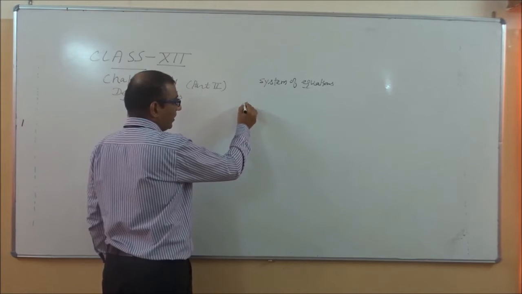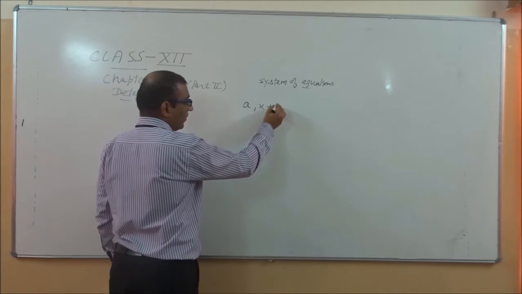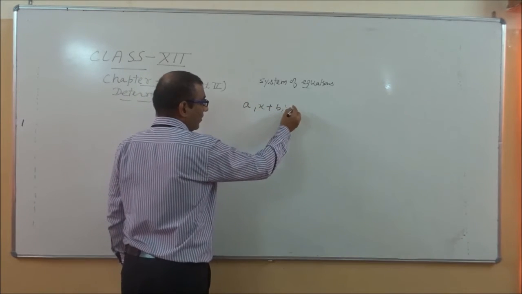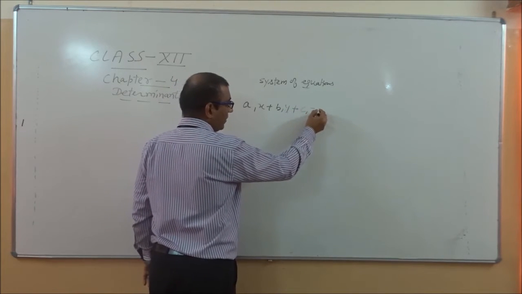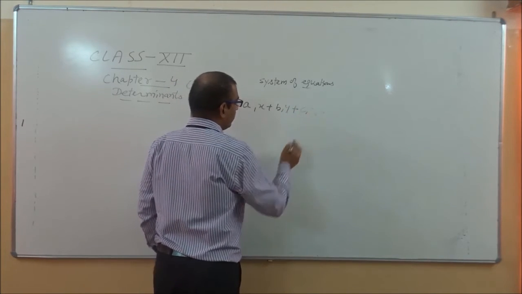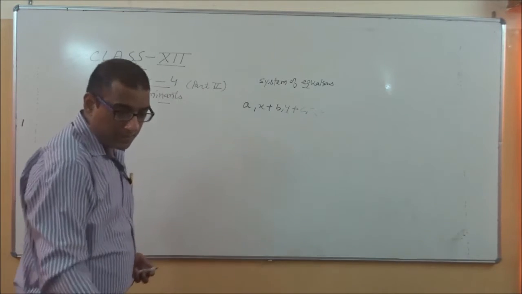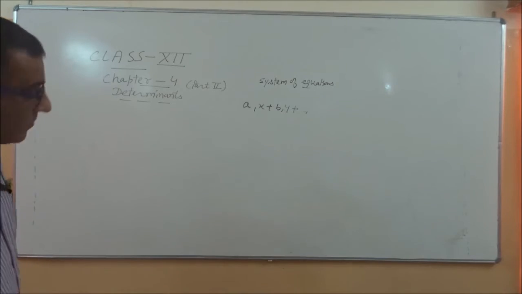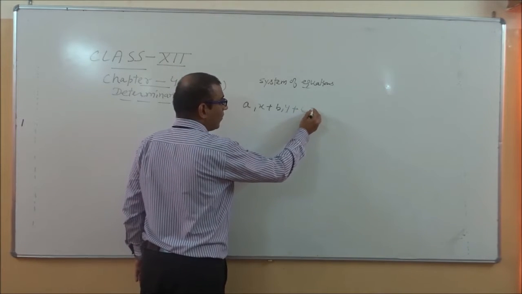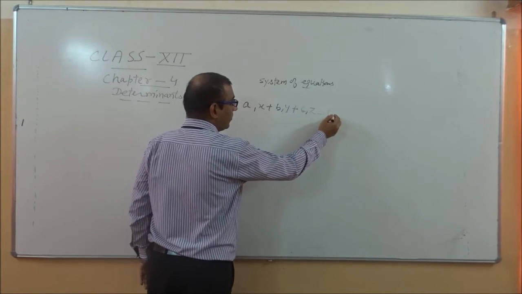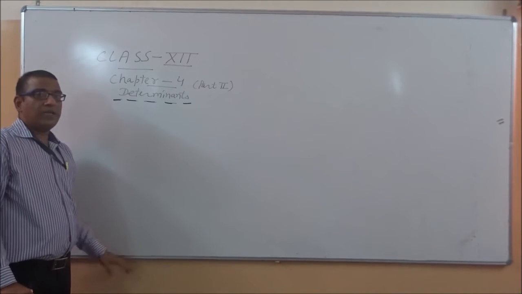So your first equation is A1x plus B1y plus C1z equals D1.